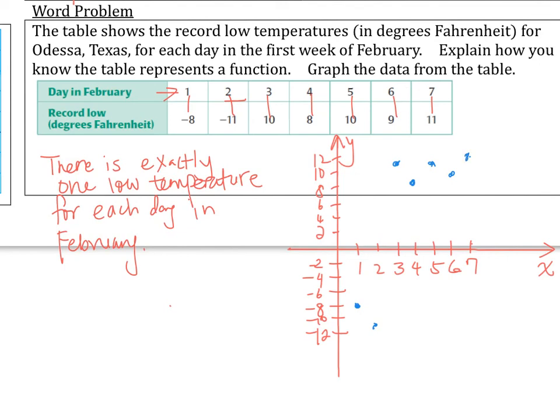Okay, as you can see, the plots are very scattered. They're all over the place, so we call this a scatter plot. And that concludes the lesson.